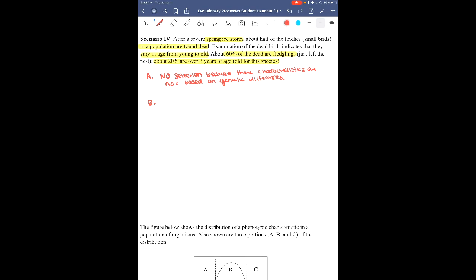And also we can see that it's after a severe spring ice storm, which is a catastrophe. So the young and the old, who are already the vulnerable population, ended up suffering more. But once they pass this ice storm, it's not going to affect the survivability of the young or the old too much from how it normally would be.